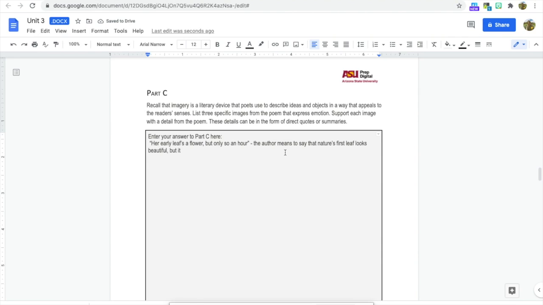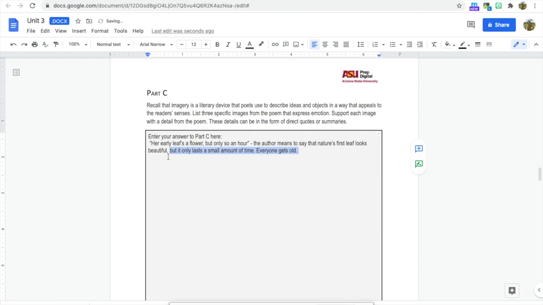And remember, this poem is talking a lot about his own life because he's getting older and he's kind of realizing it. So the author means to say that nature's first leaf looks beautiful, but it only lasts a small amount of time. Everyone gets old.